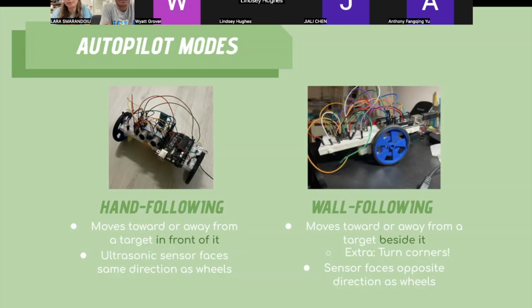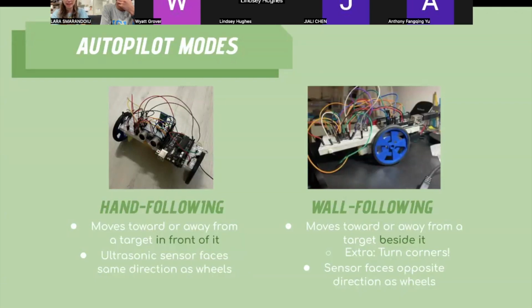But the two autopilot modes we have for the Carduino are the hand following car and the wall following car. And so this is generally what it looks like. For the hand following car, essentially the car is really wide. As you can see, this is the front of it and the back is just the other side of the breadboard.